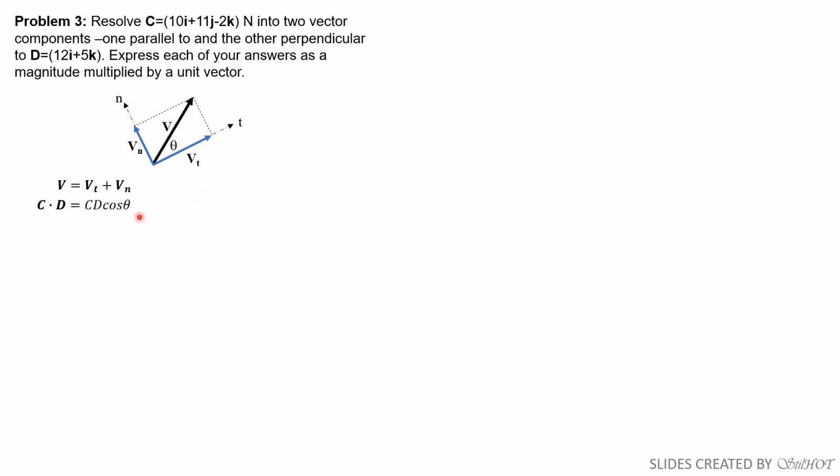So we obtain the dot product of these two vectors. So C dot D is CD cosine theta, where the tangential component is equal to C cosine theta. So this is C dot D over D.